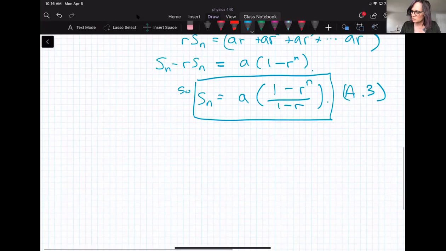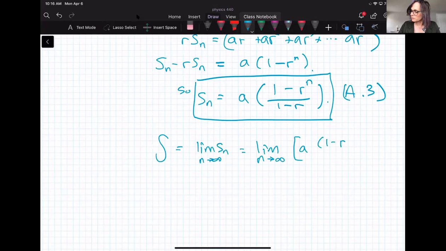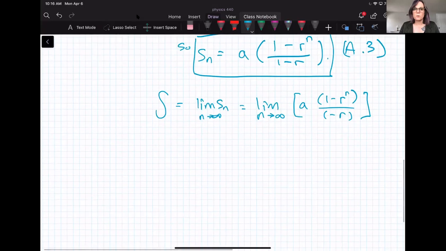So S is equal to the limit of S_n as n goes to infinity, which is the limit of A, some constant, times (1 minus R to the n) over (1 minus R). All right, so what's the condition for convergence here?